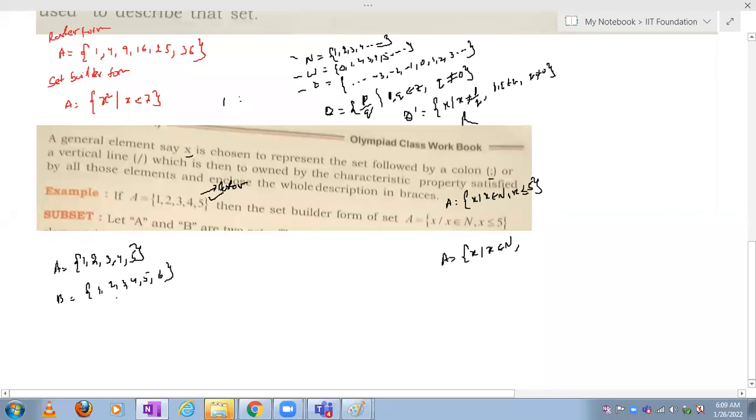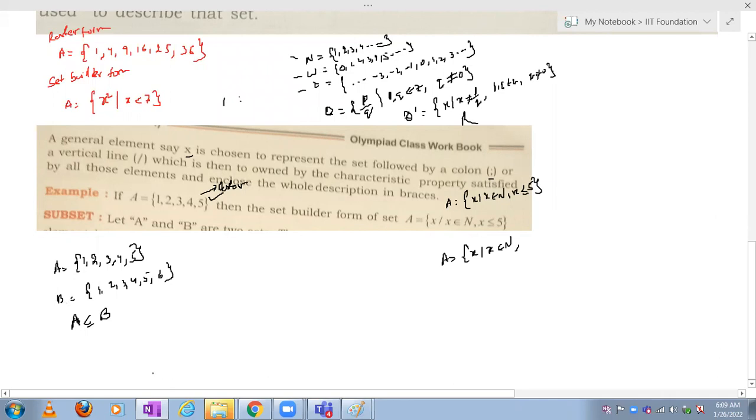So all the elements of set A are there in set B. Then what can you say? A is a subset of B. Got it? A is a subset of B.